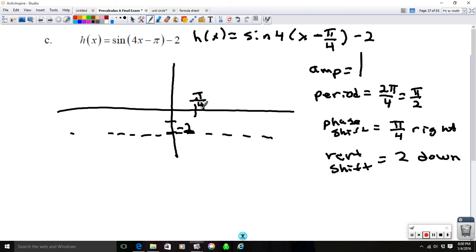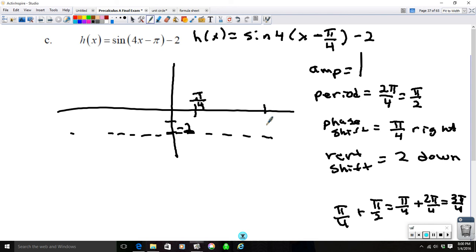The period is actually equal to pi over 2. So you have to do pi over 4 plus pi over 2, which is pi over 4 plus 2 pi over 4, so that will end at 3 pi over 4.